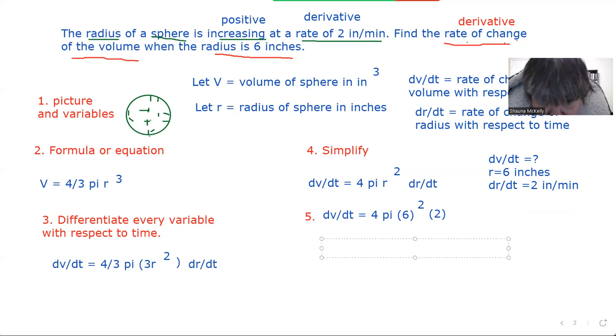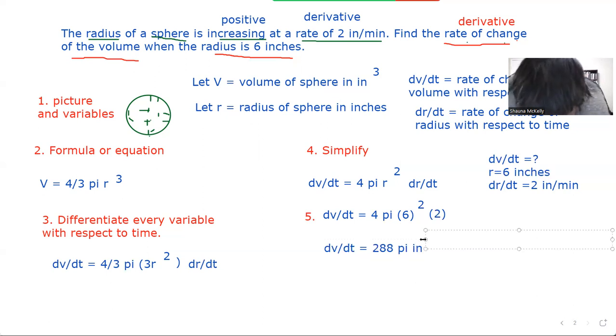So dV/dt is 288 pi cubic inches. Remember this is a rate, so it's cubic inches per minute. Okay, so dV/dt is 288 pi cubic inches per minute.